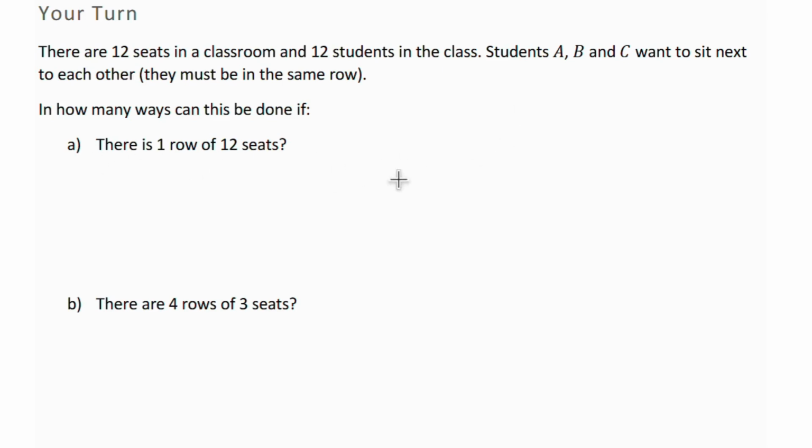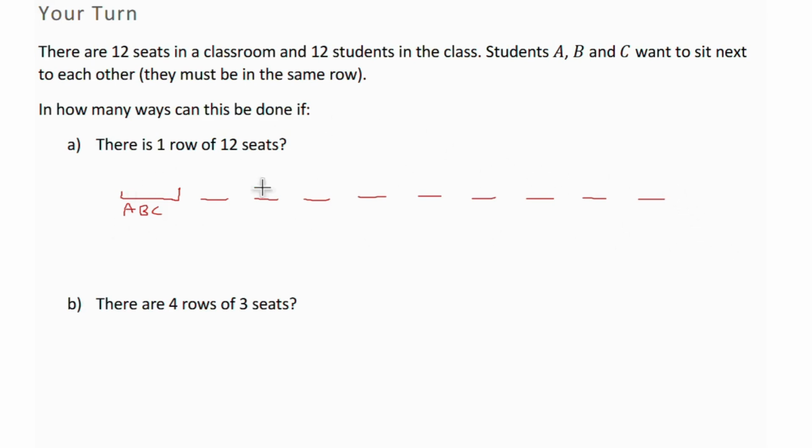For the first one, there is one row of 12 seats. So if there's one row of 12 seats, remember the way we're going to do that is we're going to block A, B and C together. So we're going to have a block, which is A, B, C. And then we're going to have the other 9 students in different places.